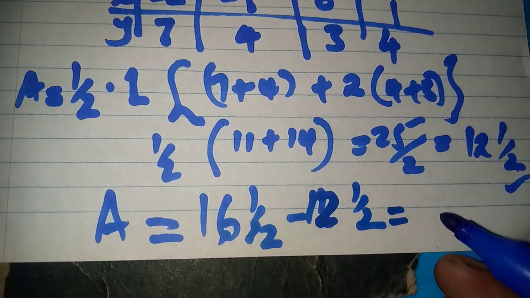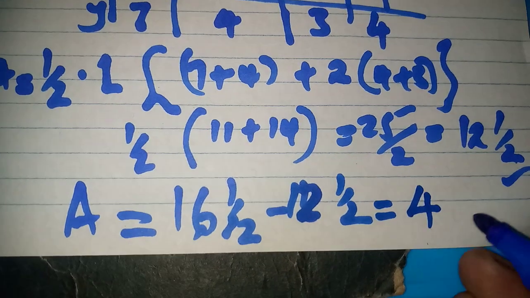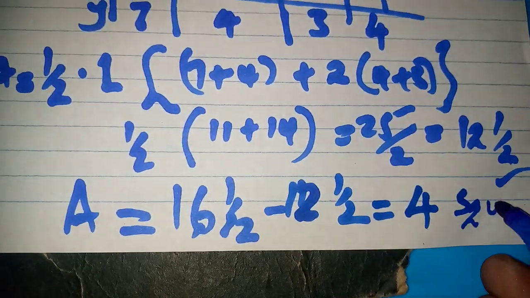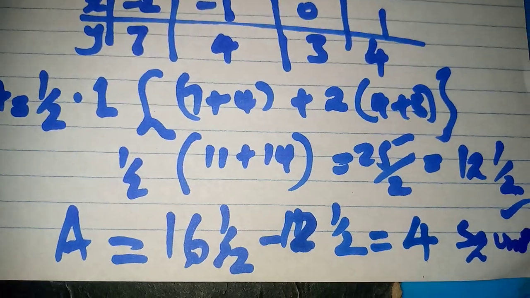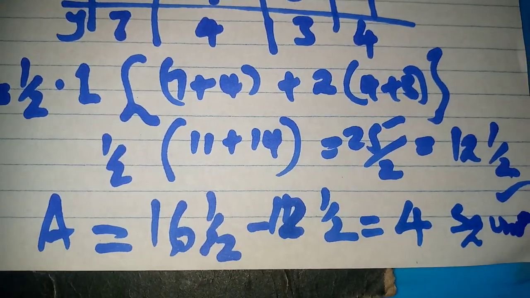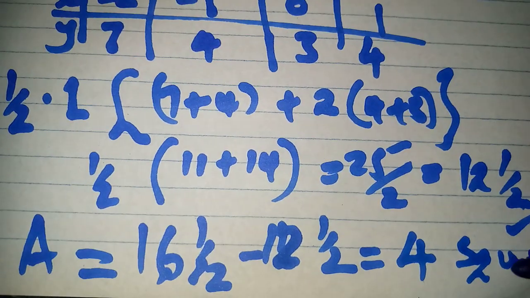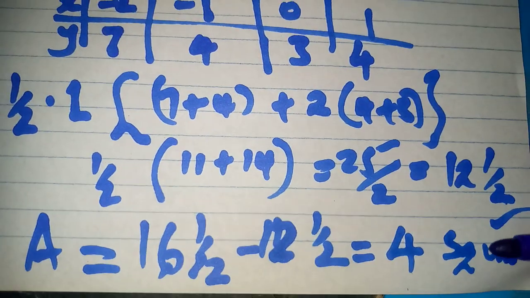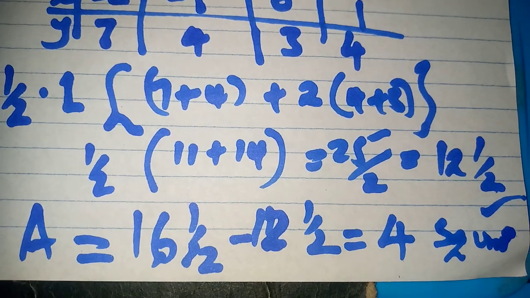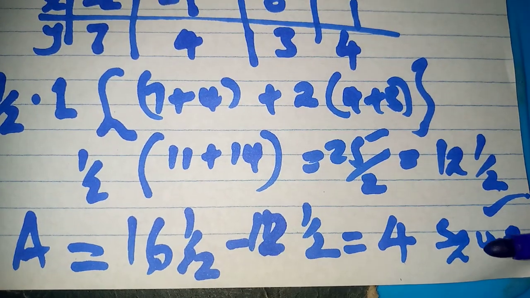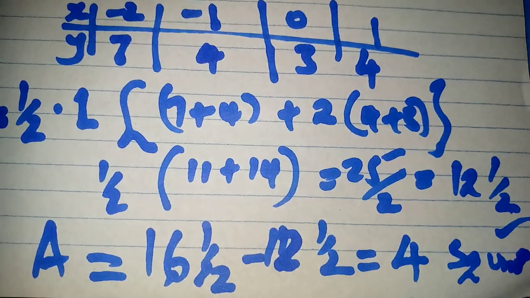Then it goes without saying that my answer now is 4 square units. So you realize, comparing the answer for trapezoidal rule and the integration method, we got it as 4.5, but here we're getting it as 4.